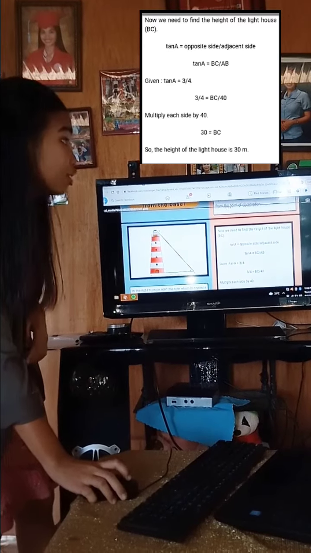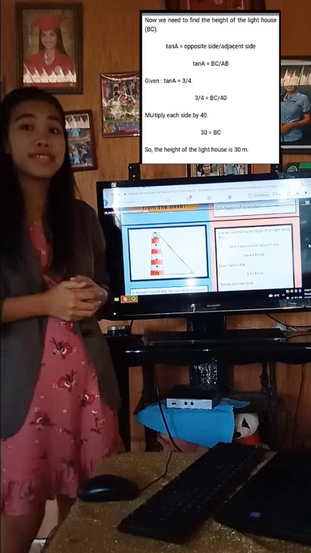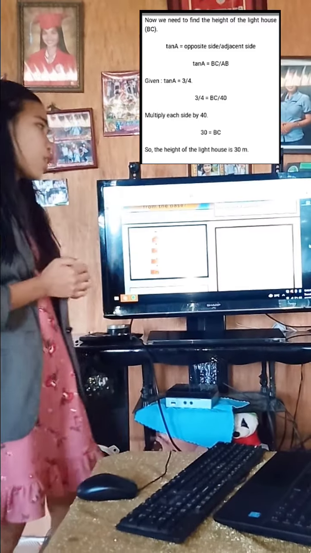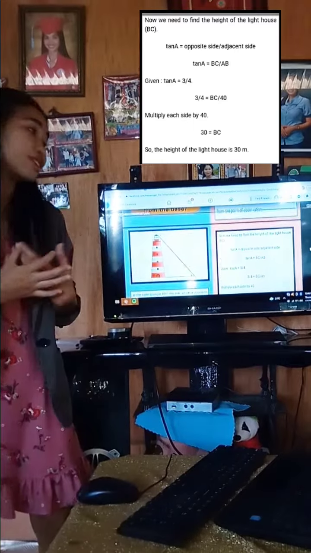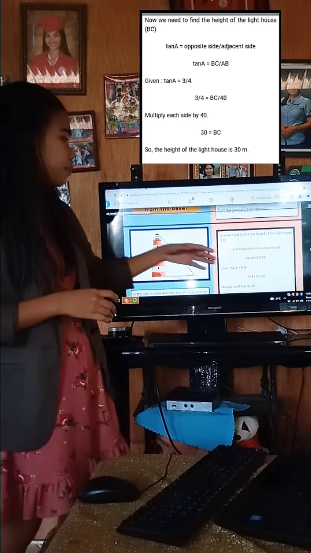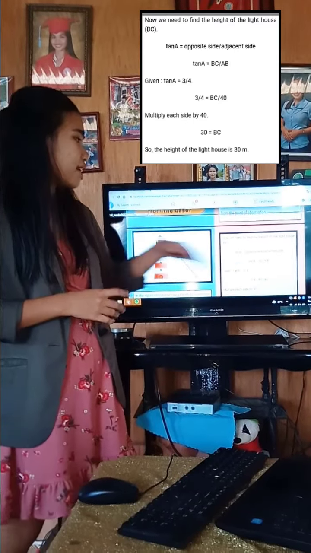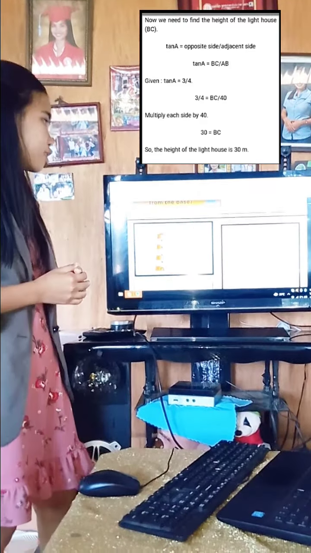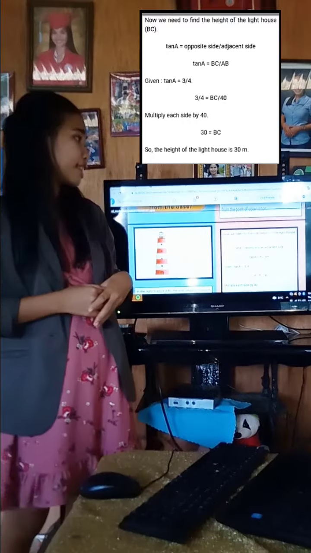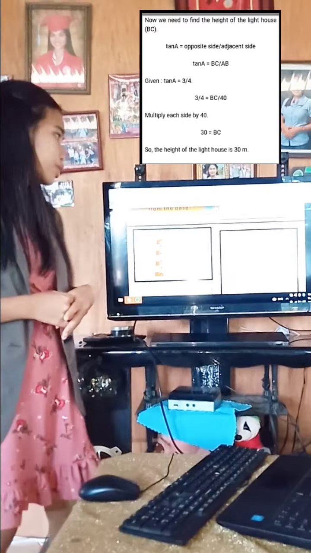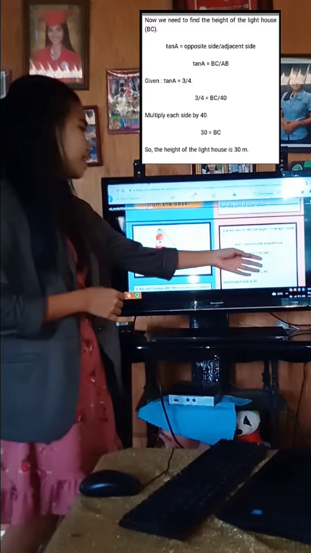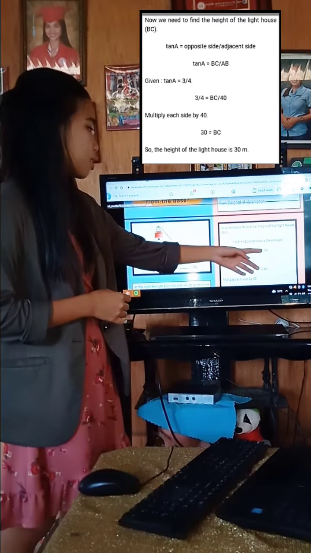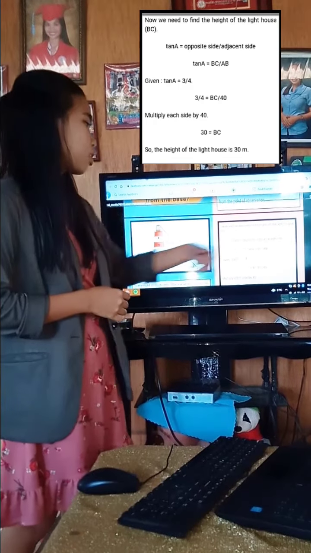We need to find the height of the lighthouse, or side BC. We are going to use the formula tangent A equals the opposite side over the adjacent side. So tangent A is equal to BC over AB.